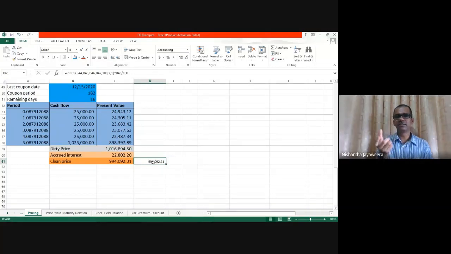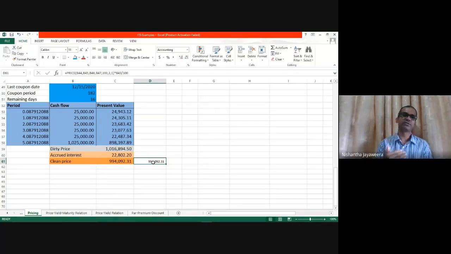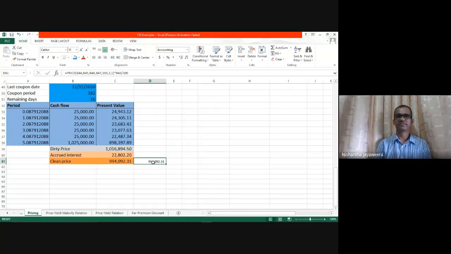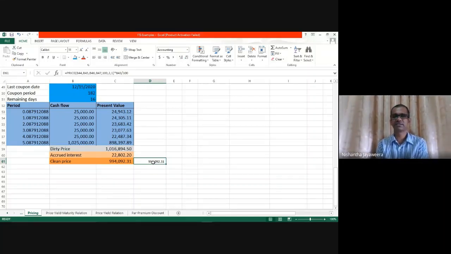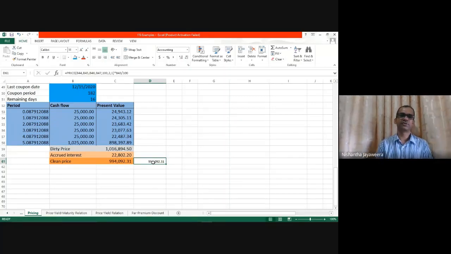The yield given is to get the clean price, and it will give you the clean price, and it will give you the accrued interest separately, and then add them together to get the dirty price. So therefore, don't get confused. You get a different answer from a system if you want to do it manually and check it against a system that you can use.